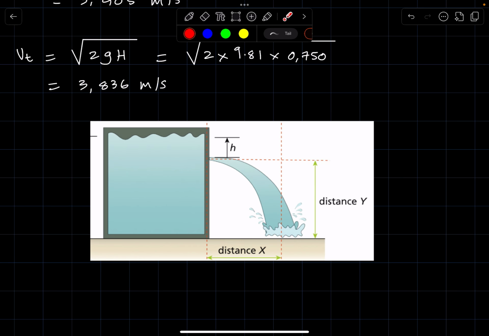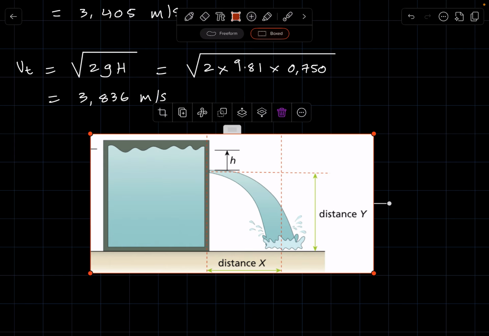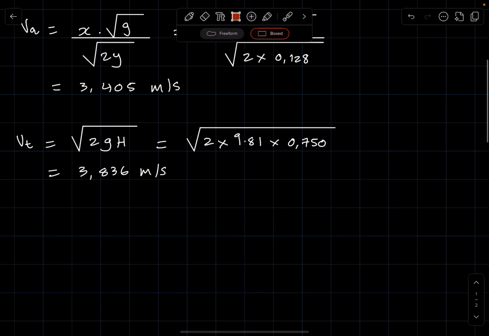So y represents the vertical distance that the water falls, and of course x is the horizontal distance that the water falls, whereas h is the distance from our reference point to the water level. So make sure you don't confuse the two.